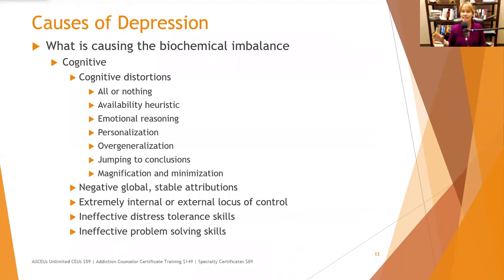Overgeneralization is taking one bad thing or one good thing, but taking one thing and generalizing it. Overgeneralization means taking something that happens once and assuming that it's going to happen all the time, or one person that you met that was a certain way.